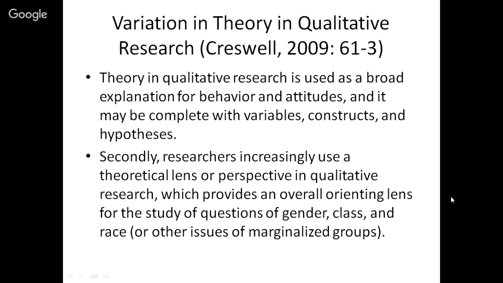Variation in qualitative research. Theory in qualitative research is used as a broad explanation for behavior and attitudes, and it may be complete with variables, constructs, and hypotheses. Secondly, researchers increasingly use a theoretical lens or perspective in qualitative research, which provides an overall orienting lens for the study of questions of gender, class, and race, or other issues of marginalized groups.